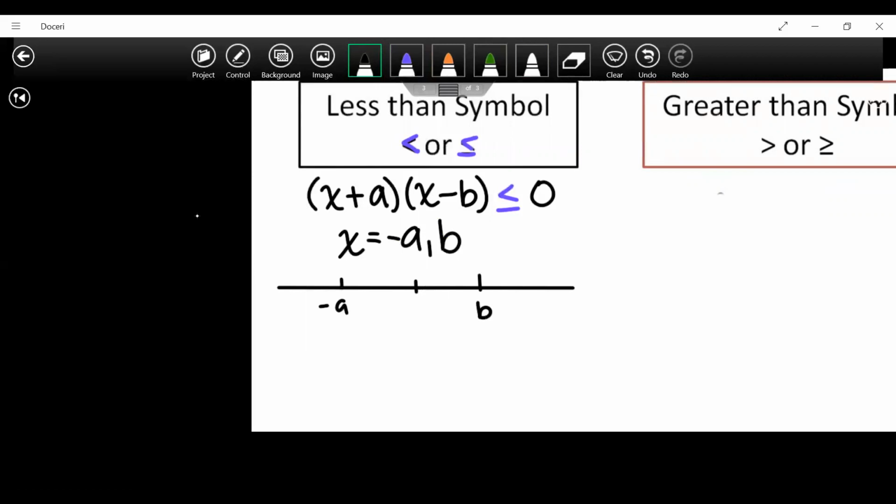Because we have less than or equal to, we're going to have closed circles on negative a and b. And because it's less than, we're actually going to be looking at the values inside of these. So they're going to be connected. I'm going to kind of write that these are connected.